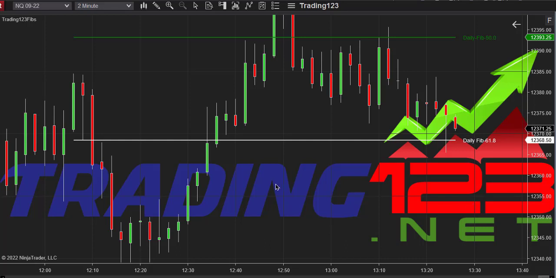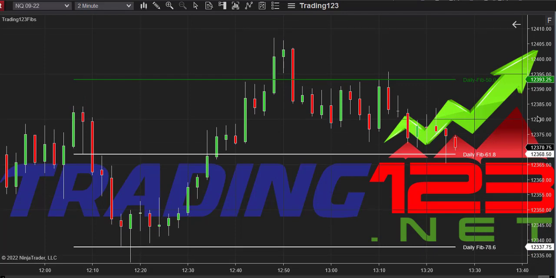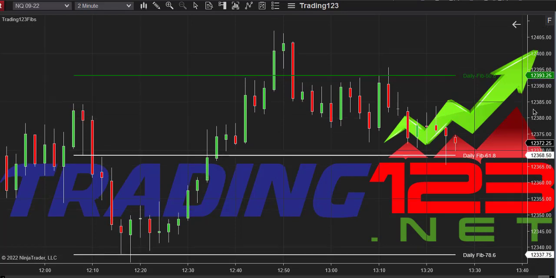The key thing with the Fibonacci levels is there's support and resistance levels that work throughout the day, and trading is all about support and resistance. Price moves from one level to the next, and that's how the market works. And when you can understand that, you'll understand that most of your lagging indicators, like a MACD, don't work.